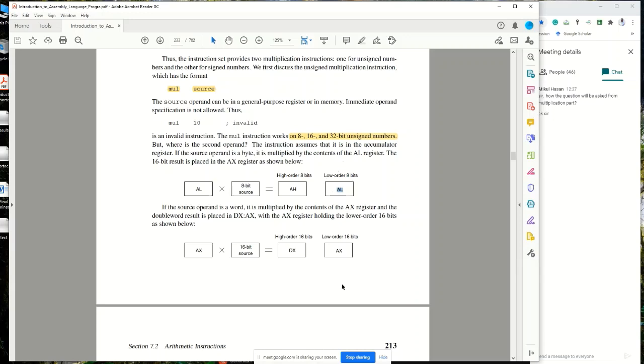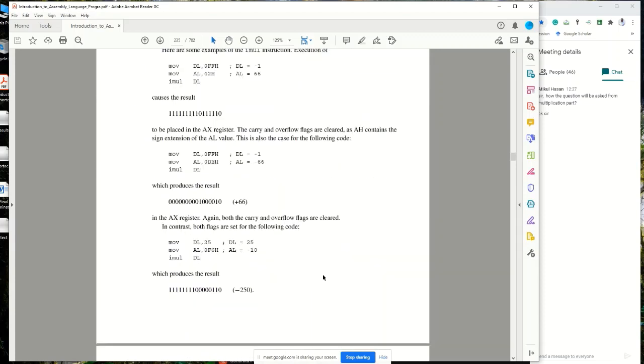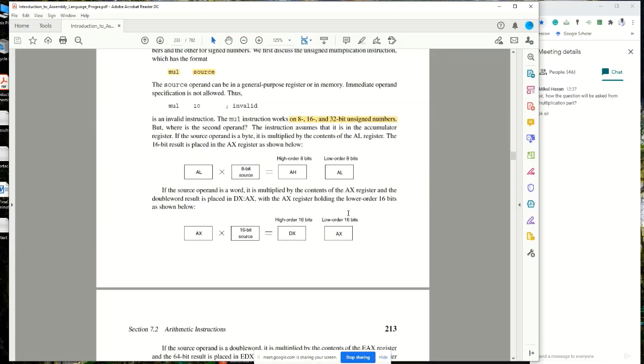That's why, what do you think? Our flags should be activated, right? Yes, sir. Carry and overflow. Yes, our flags, that means the carry flag and overflow flag, should be activated in this case, because the result is minus 250, and it is not possible to store it into our AL register.